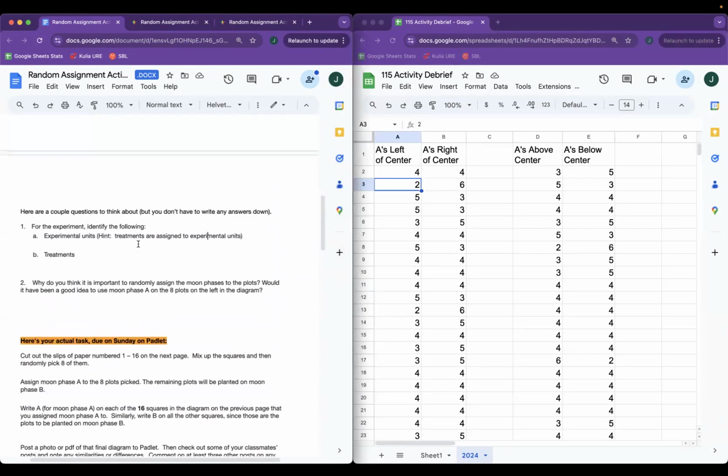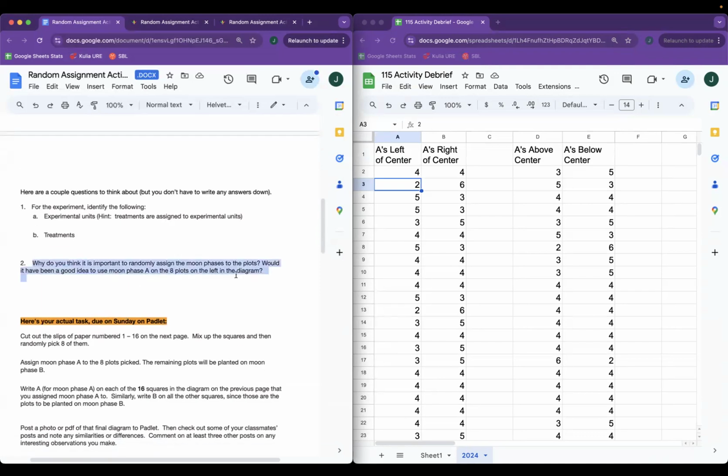The treatment is applied to those land plots, so land plots are the experimental units. And what's the treatment? The treatment is whether or not the land plot received the Kupao moon phase. So the kalo was planted on Kupao or planted on some other moon phase. You're trying to determine if planting on Kupao makes an actual difference for the outcome.